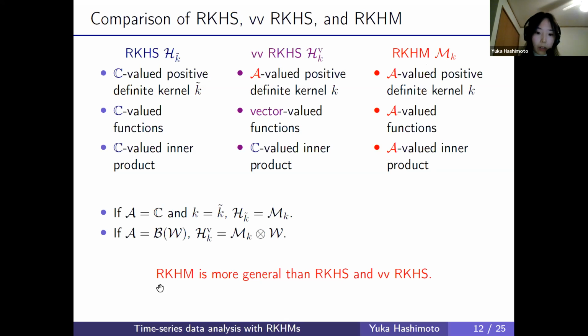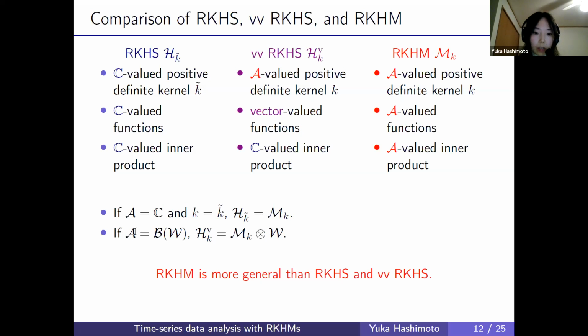In fact, RKHM is more general than RKHS and VV-RKHS. If we set A as the space of complex values and set K as K tilde, this RKHS and RKHM coincide.